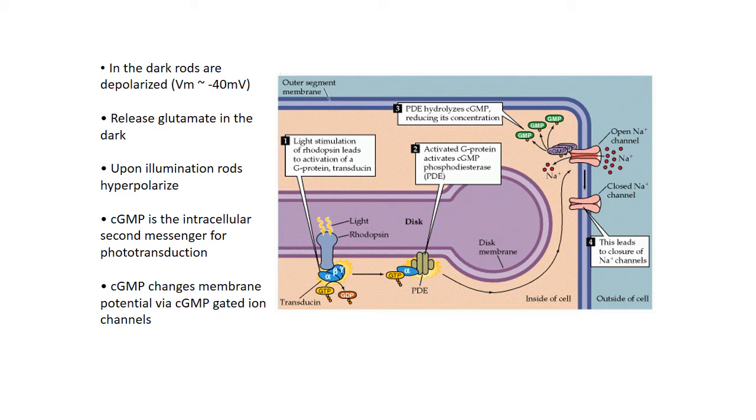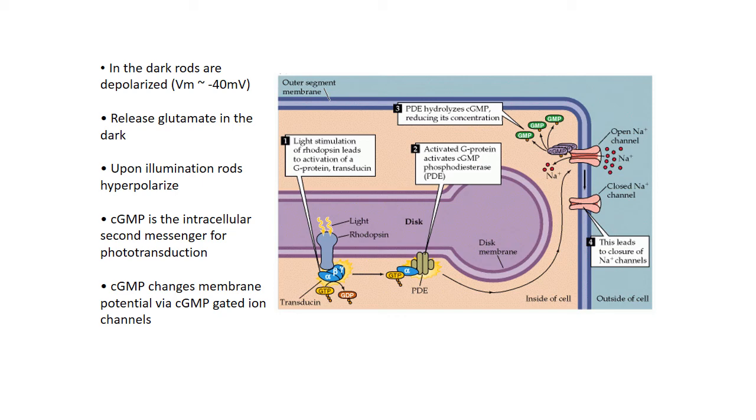This transducin G protein, when it's activated by rhodopsin, will break down into alpha-GTP and beta-gamma. The alpha-GTP then can bind to phosphodiesterase, which is an enzyme that is also found in those discs, and this phosphodiesterase will break down cyclic GMP to GMP. So activation of rhodopsin ultimately leads to a decrease of cyclic GMP levels.